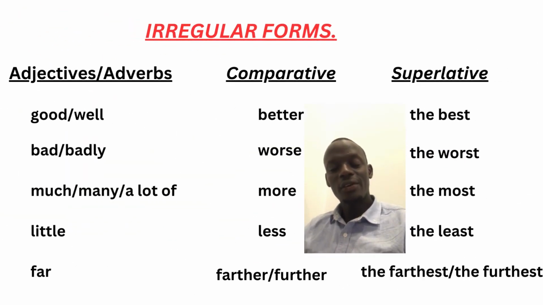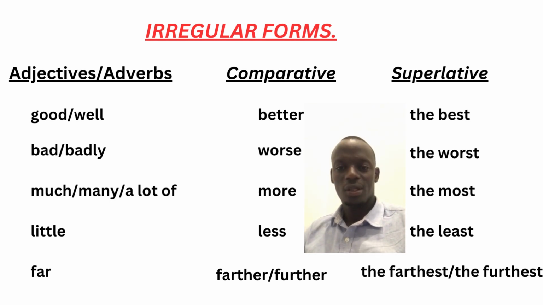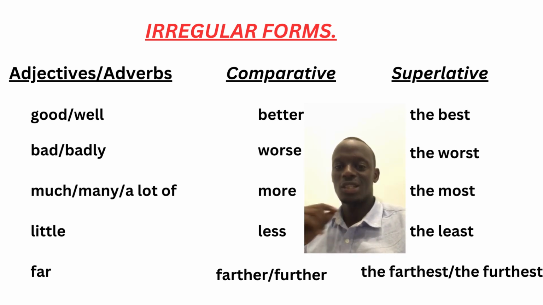Then we have some irregular forms. When we say irregular, it means these are the forms that don't follow the rules. The rule that we have seen is about ER and EST, or more plus adjective and most plus adjective. So those were regular forms. Now we are going to look at irregular forms.